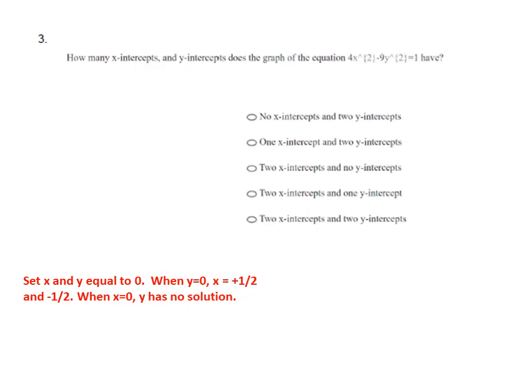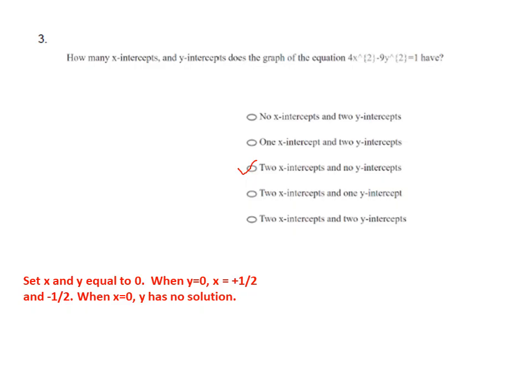We'll need to go to imaginary numbers, which does not have a real solution. So when x equal to 0, y has no solution. In this case, our answer is option C: two x-intercepts, that is positive half and negative half, and no y-intercepts.